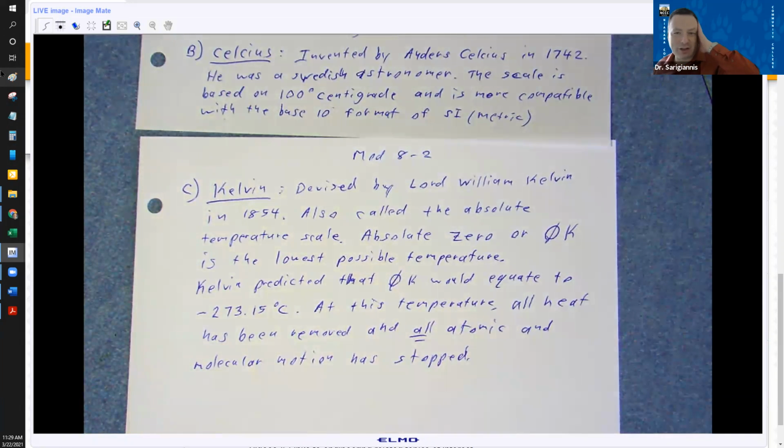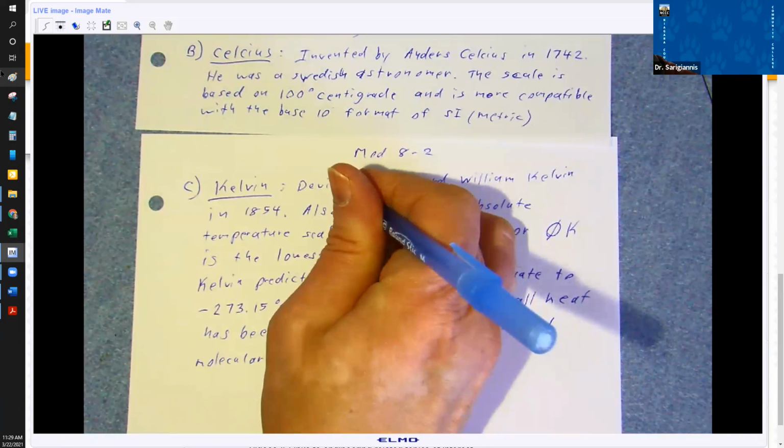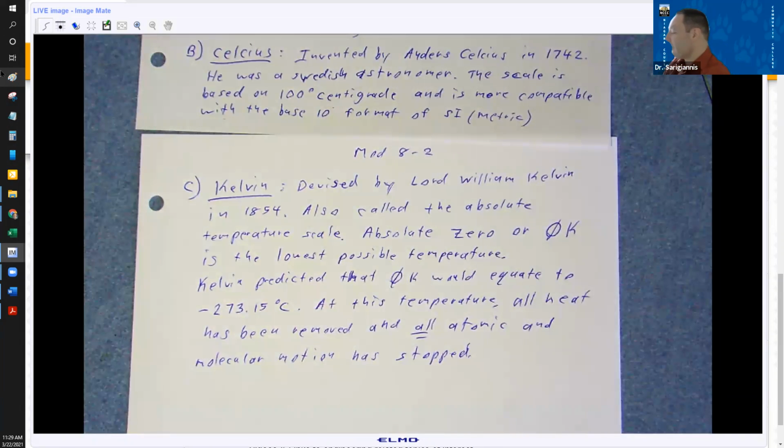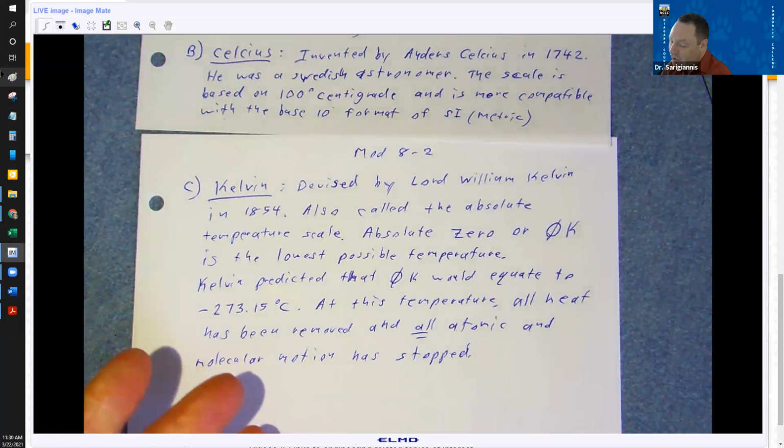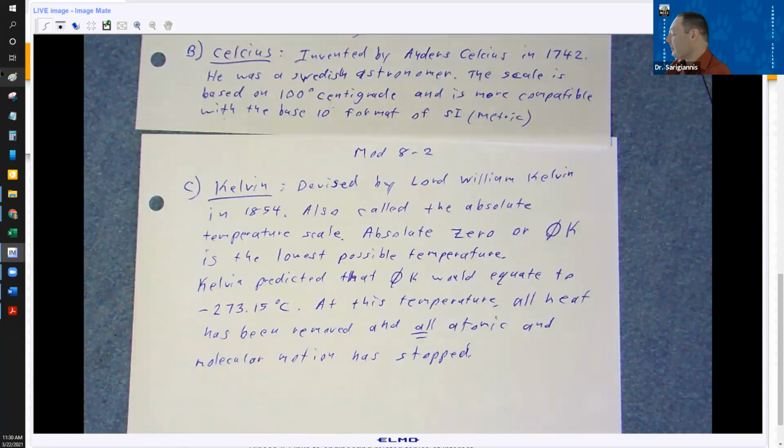So Kelvin actually, one of the incentives of doing this was, it's probably covered in your thermodynamics section, but it had to do with trying to figure out thermodynamically how much energy you could get out of things. He developed this absolute scale because you need an absolute scale in thermodynamics.